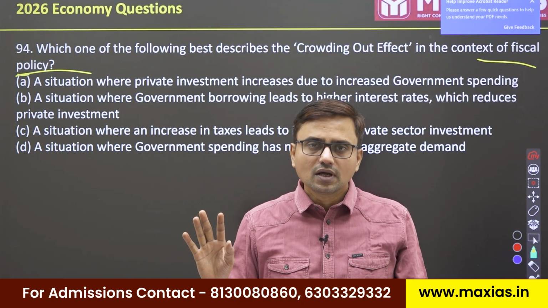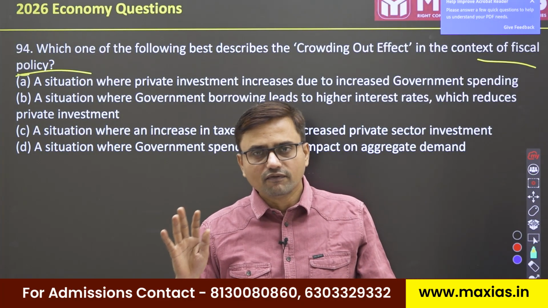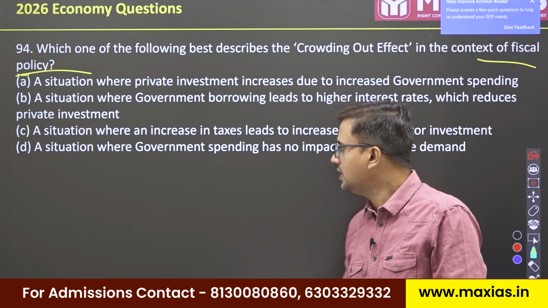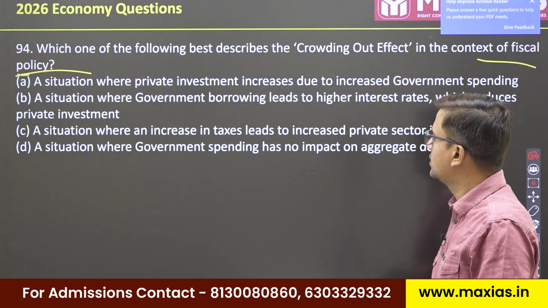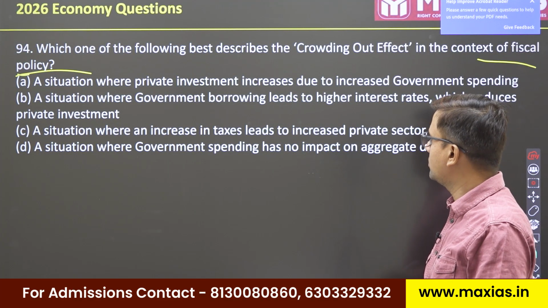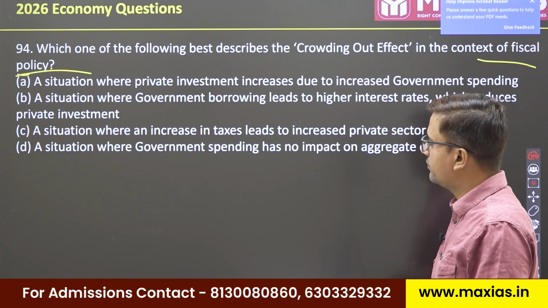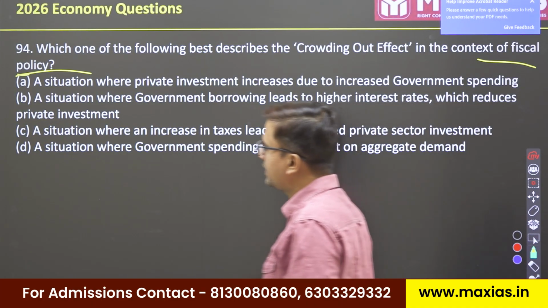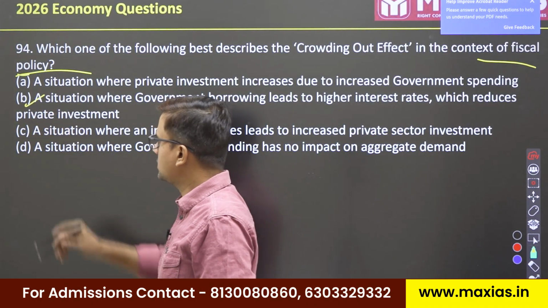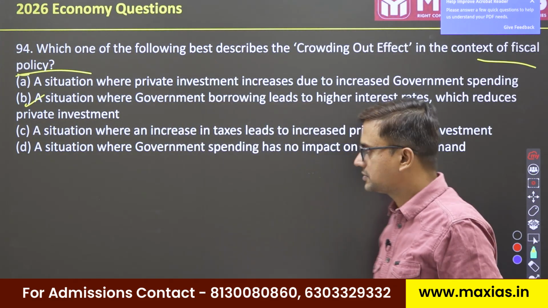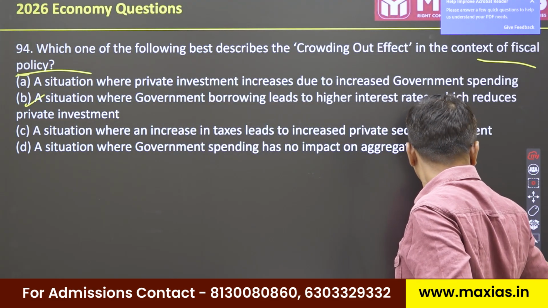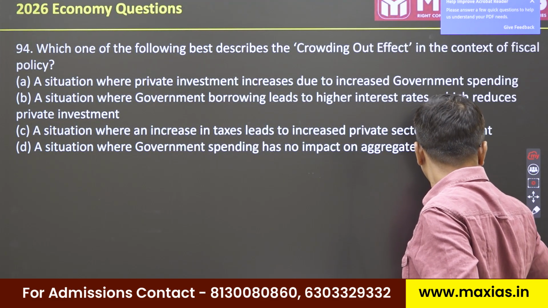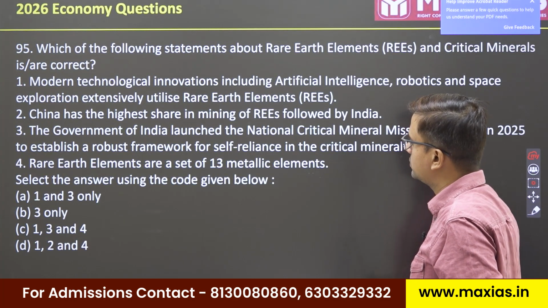This is called the crowding out effect, which is a very simple concept. It is a situation where government borrowing leads to higher interest rates, which reduces private investment. Answer B is the right answer. Anything tough? Not at all.